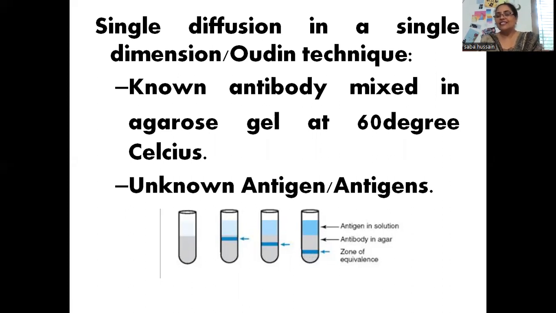So in the Oudin technique, antibody was immobilized in the gel, and antigen was moving. Since antigen was moving, that was single diffusion, only one was diffusing, and it is single dimension, because it is moving in just a single direction in a tube.